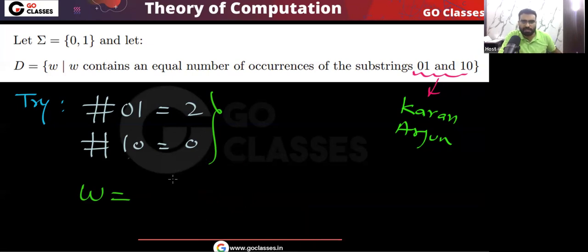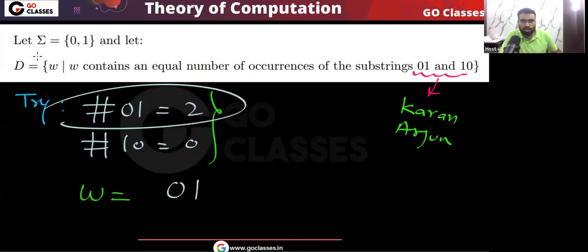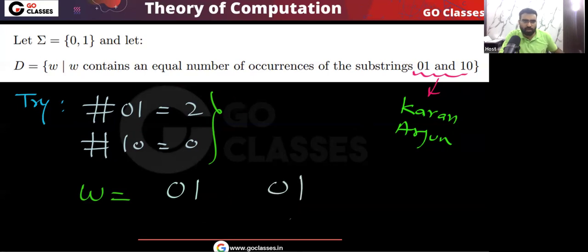Let's try to make sure that we don't get 1 0. Okay, so can I do something? For example, I got 0 1. Let's assume I got 0 1. I don't want 1 0, but I want two 0 1. I want another 0 1. So can I put something in between? Because here I got 1 0. I don't want 1 0. So can you help me?